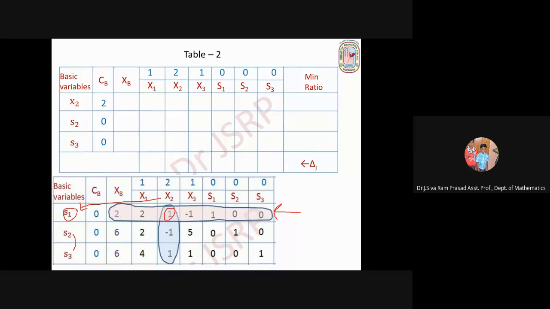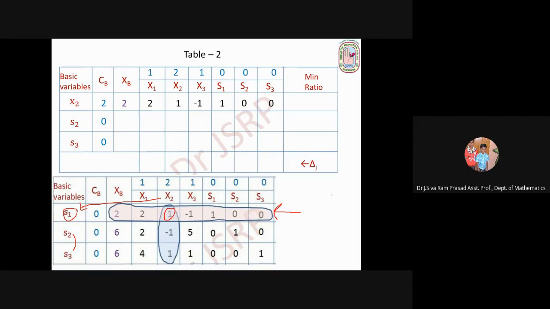Dividing by 1 you get the same values: 2, 2, 1, 1, 1, 0, 0. So the first step is to divide the pivot row by the pivot element and write in the same row of the new table, while calculating the new basic feasible solution.